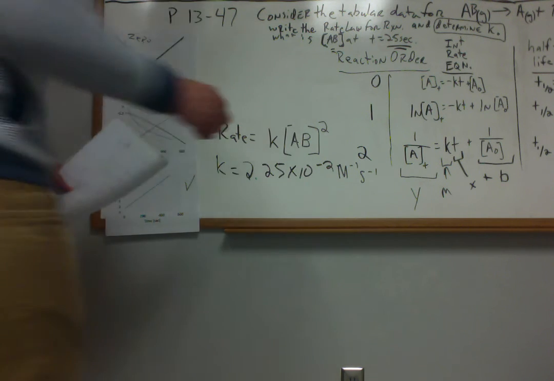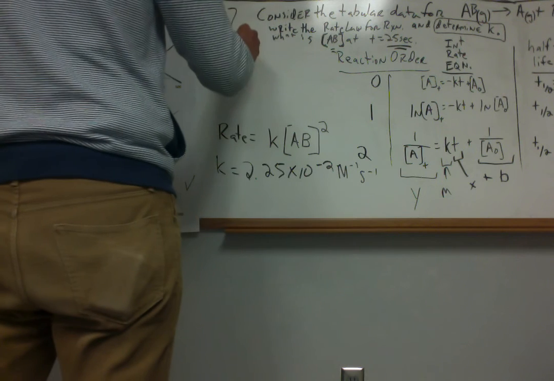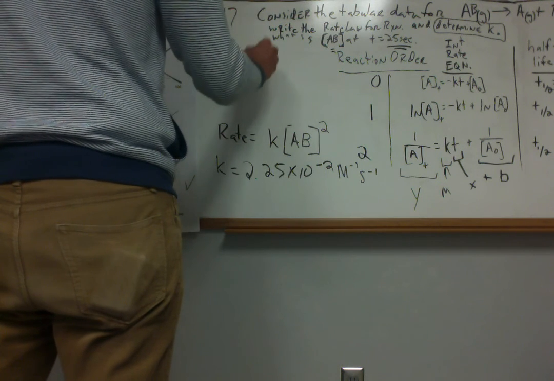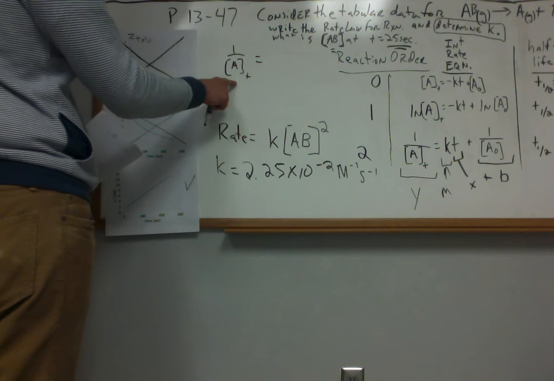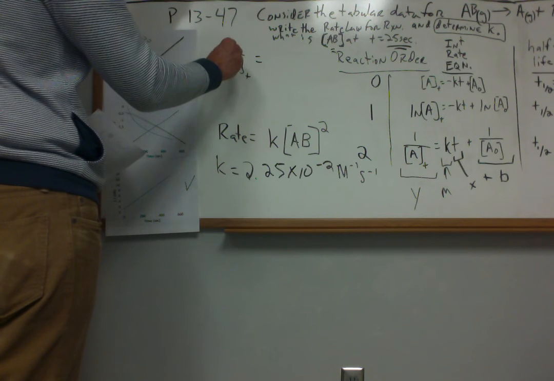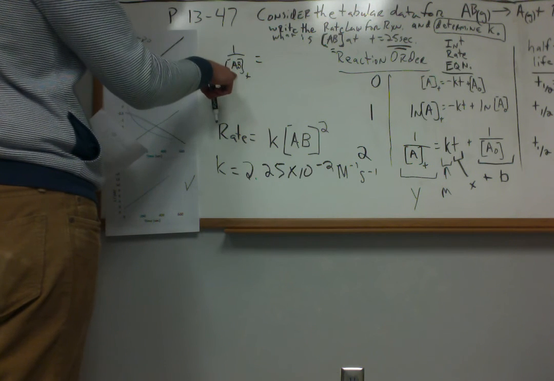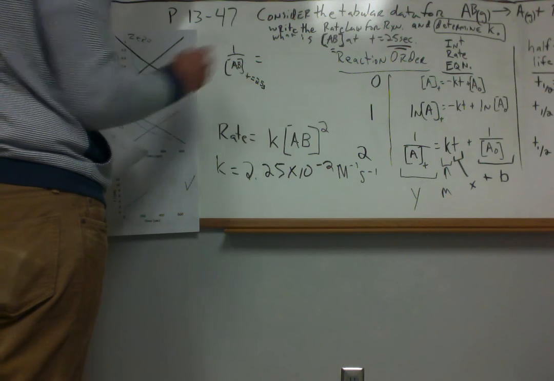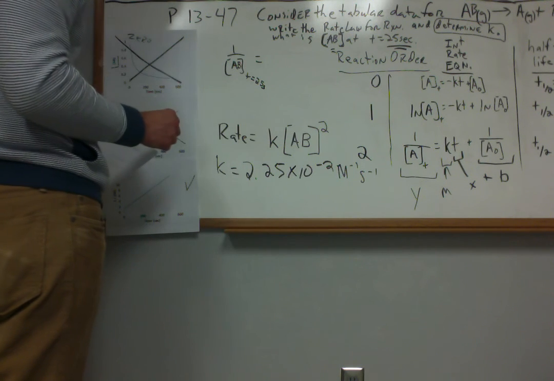I'm going to write my integrated rate law for my second order process, which tells me that 1 over the concentration, in this case that's really AB, 1 over the concentration of AB at time equals 25 seconds, so this is my desired variable. I'm going to solve this equation for that ultimately.